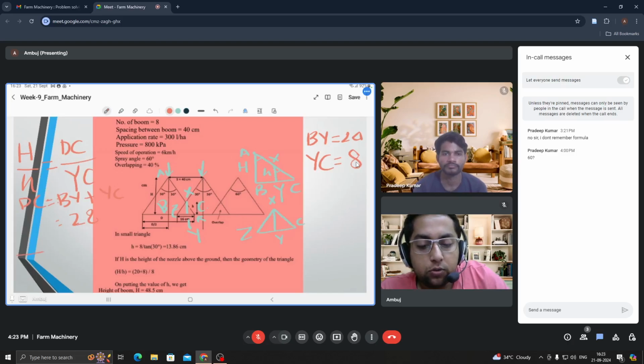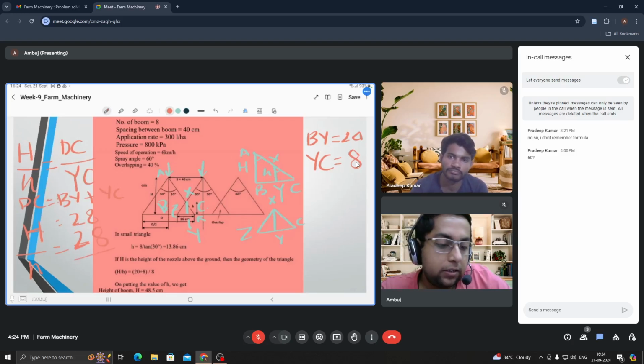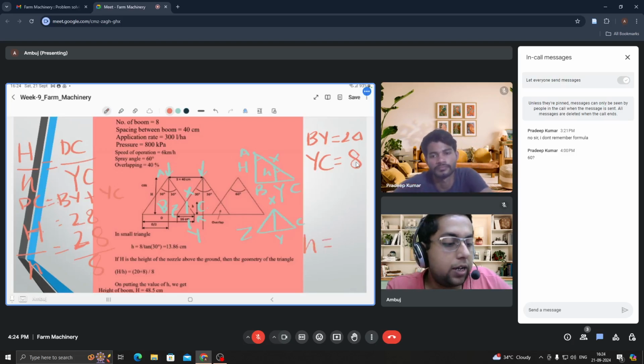Small h I know, and capital H I want to calculate. Capital H is equal to DC, that is 28, divided by my small one YC, that is 8. Everything I know, so I can directly calculate it as 48.5 centimeters.